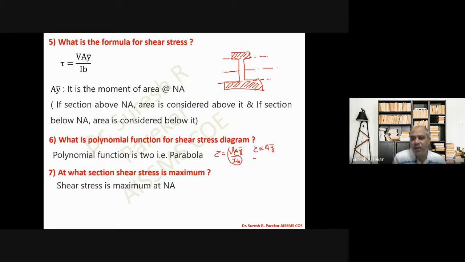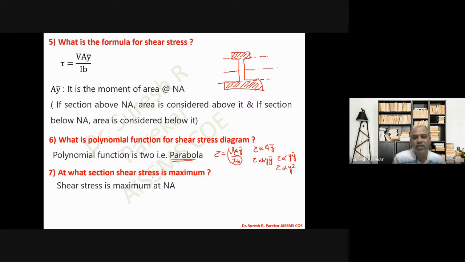Now A is B into y, and B is constant at a section. So tau is proportional to y into y bar, and therefore proportional to y square, and therefore the polynomial function is 2, that is a parabola for the shear stress diagram.